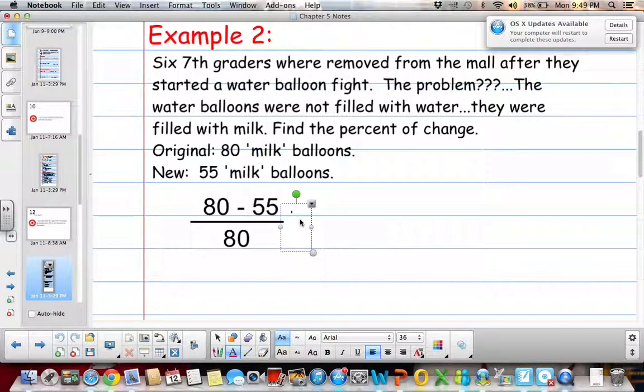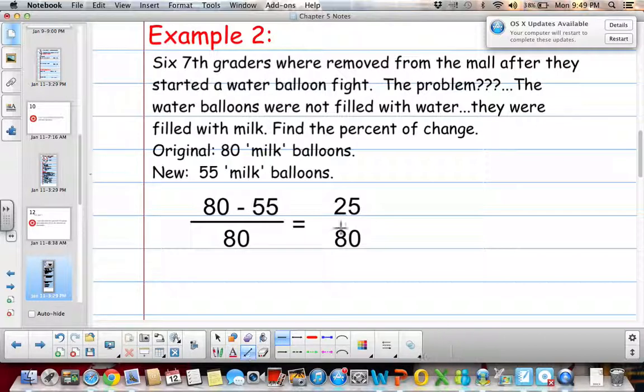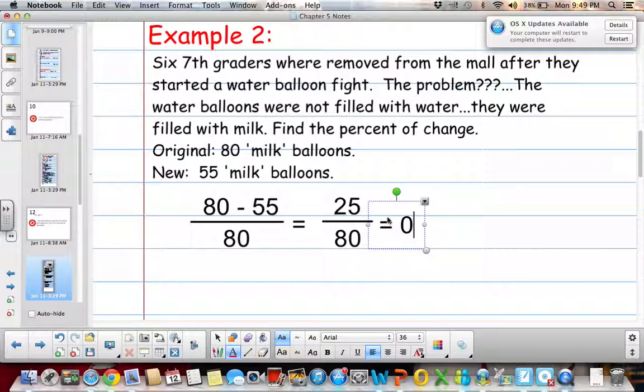80 minus 55 equals 25. And then we have it over 80. So I'll put my 80 down here, and here's my line, so we know it's division. So we have 25 over 80. On my calculator, I'm going to go 25 divided by 80, and I get 0.3125.